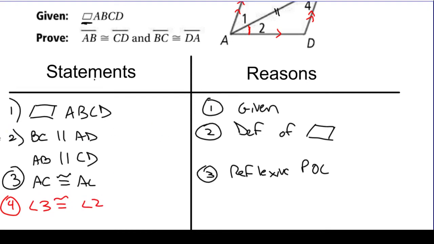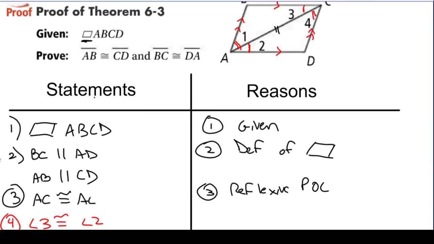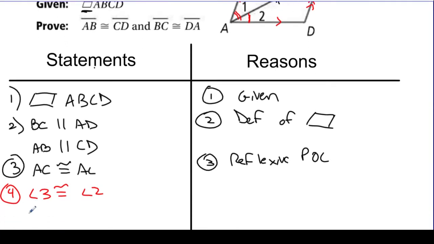By the same measure, angle 1 is pinned between this parallel line and the diagonal, and angle 4 is pinned between the same parallel marking, the double arrow, and the diagonal as well. So angle 1 is congruent to angle 4.